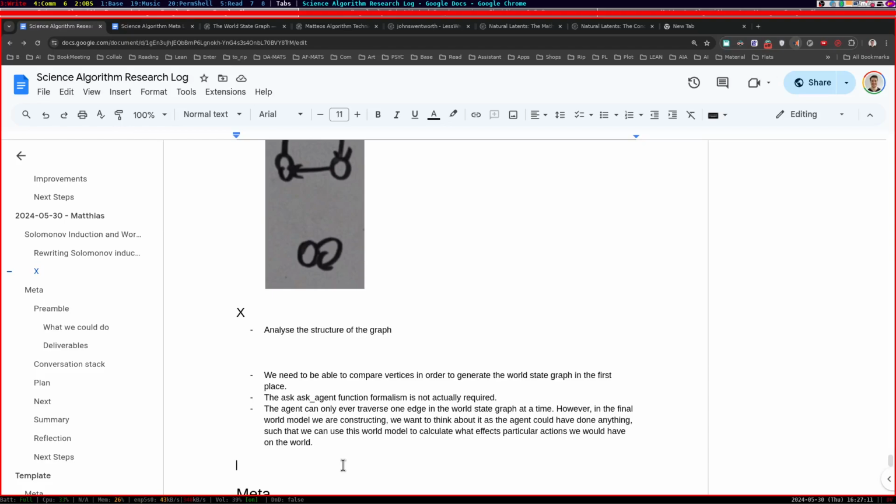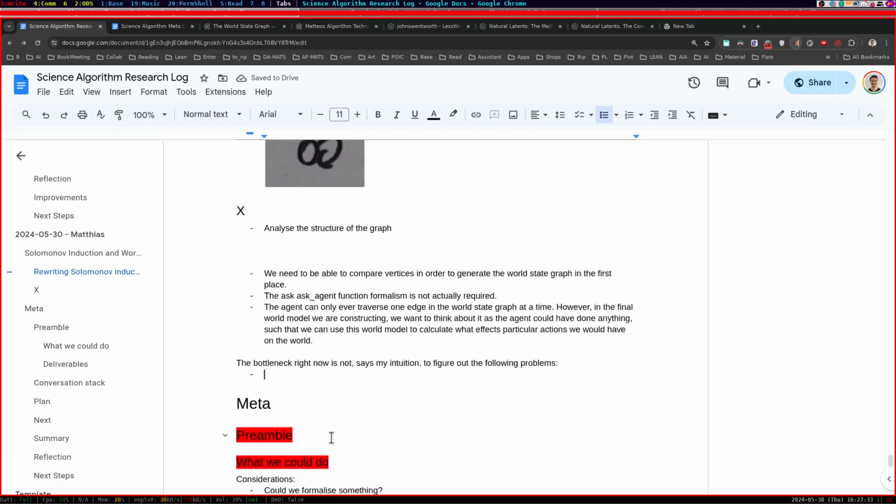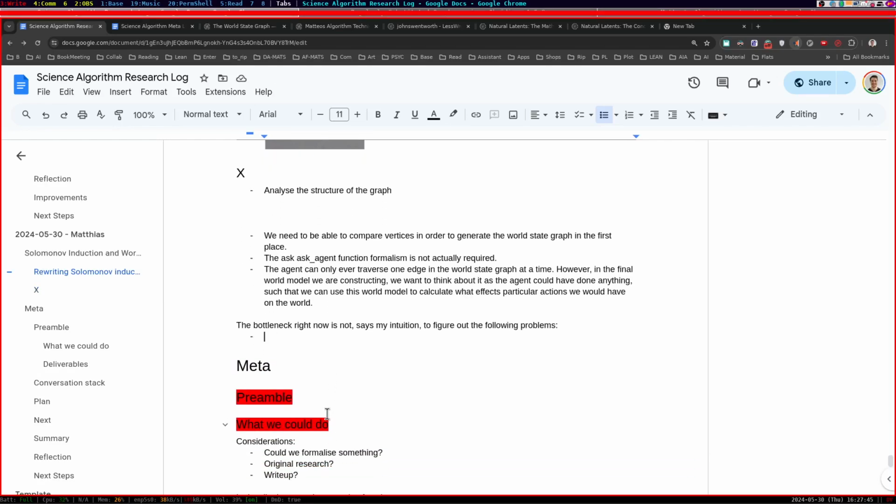The bottleneck right now is not, says my intuition, to figure out the following problems. In the real world, the environment can be such that events other than the agent performing an action influence the environment. For example, in Minecraft, the pig walks around.